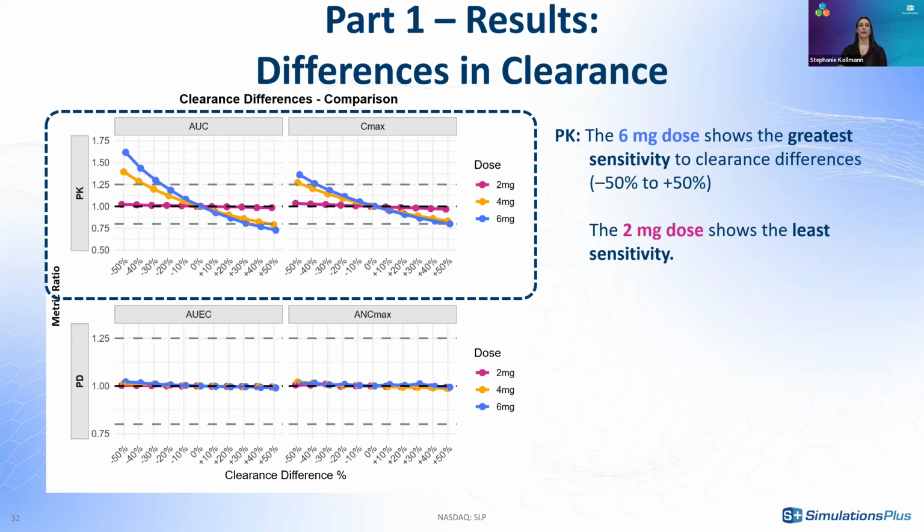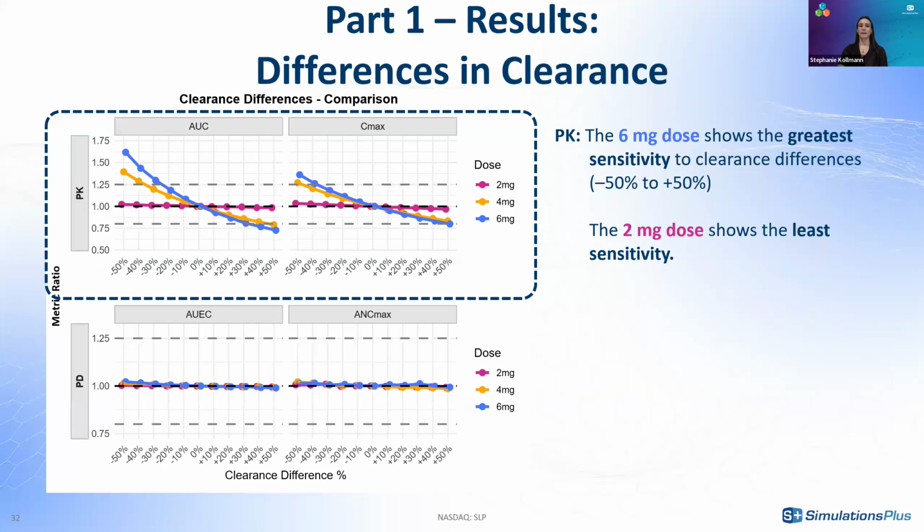So changes in linear clearance have little impact. On the other hand, at a higher dose, the nonlinear target-mediated clearance pathway begins to saturate, making total clearance more sensitive to any further changes. I will elaborate on this point in a moment.